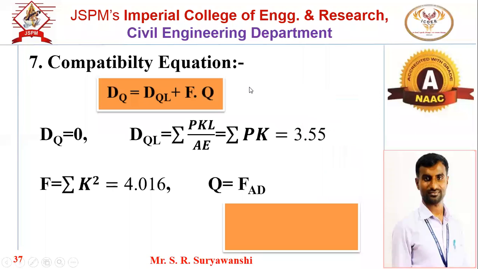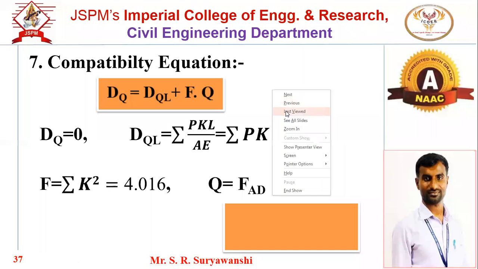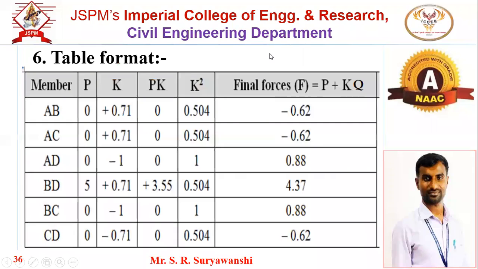Once we know the value of q, now get the final member forces. So P force of member AB is 0, plus K force is 0.71, so 0 plus 0.71 into Q. Q is minus 0.88 that we have calculated.